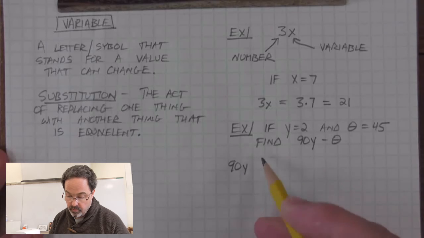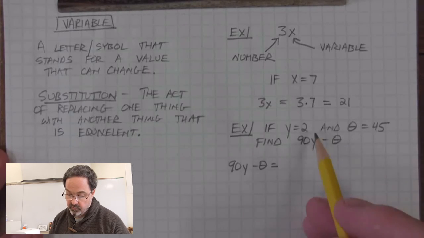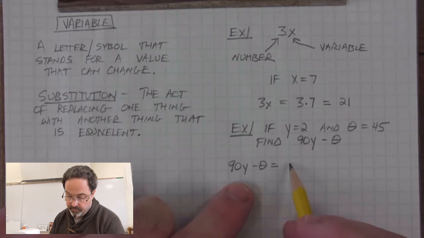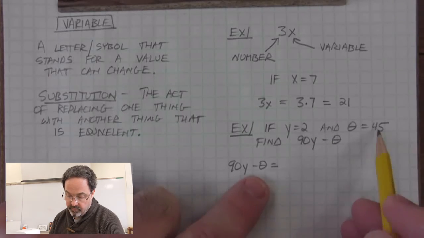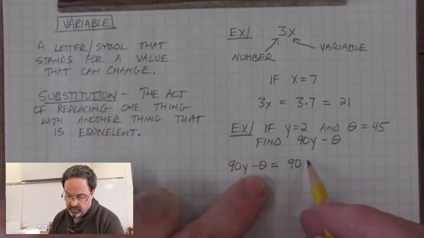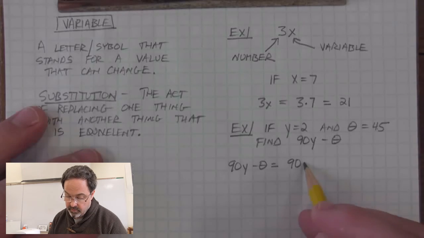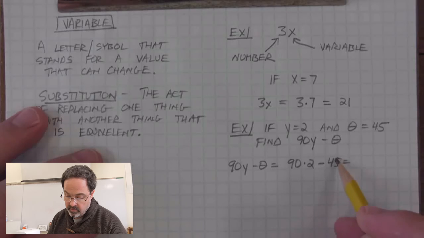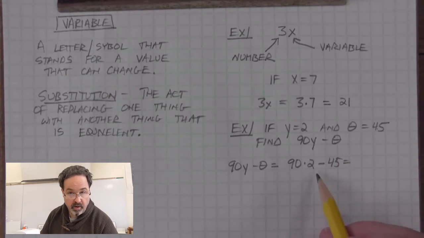and show our work. 90y minus theta, after we substitute 2 in for y, and 45 in for theta, becomes 90 times 2 minus the value of theta, 45. Now it's operations.